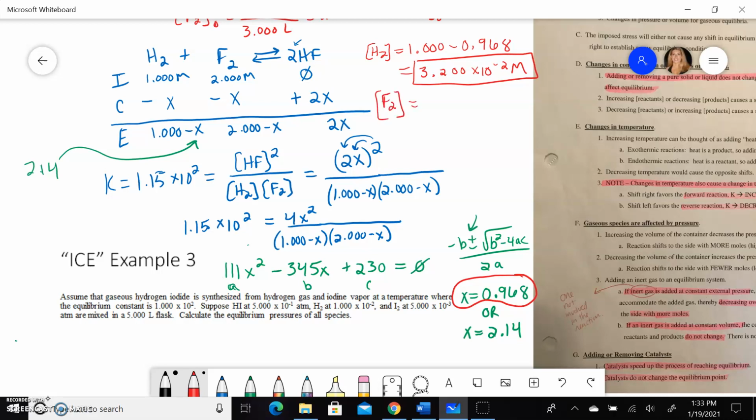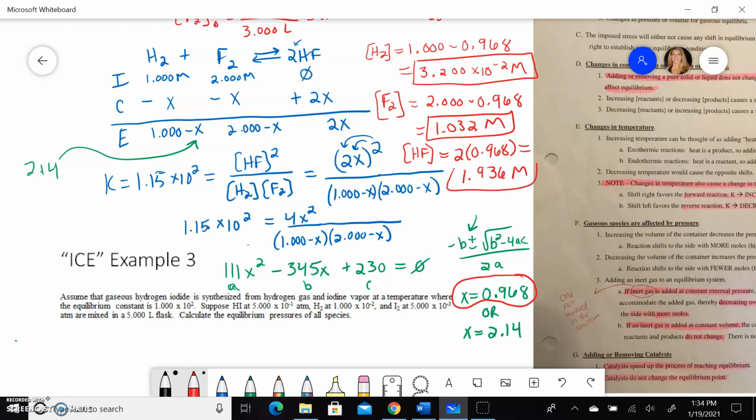And we'll do that for each of them at equilibrium. And those are our final answers. And that's it for example number 2. I'll do one more video with example number 3.